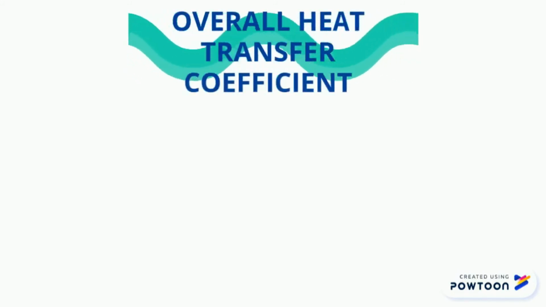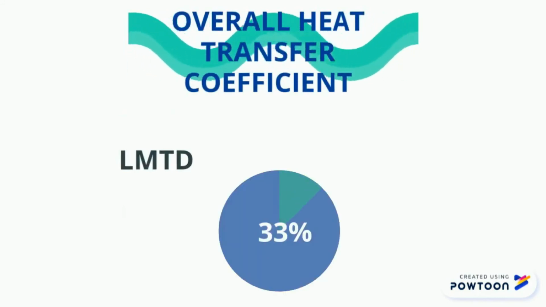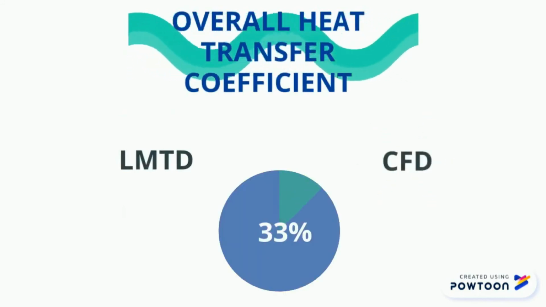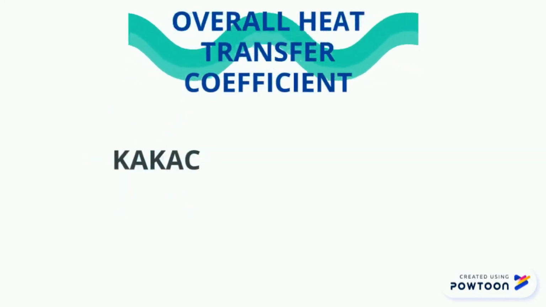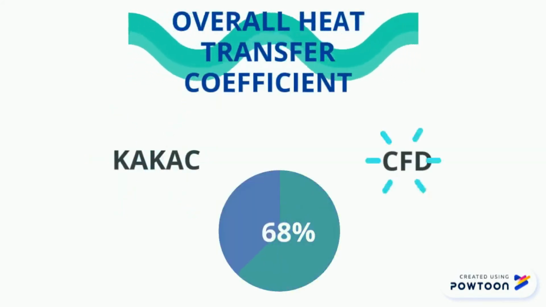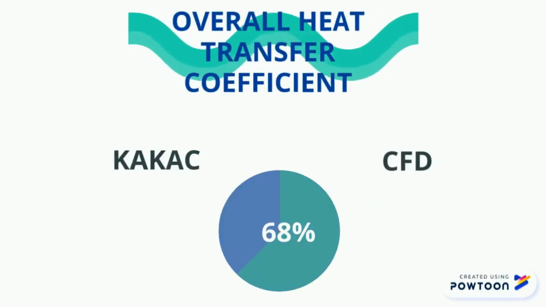Additionally, results expose that heat transfer coefficient values obtained with the LMTD method have a 33% difference from CFD values, while heat transfer coefficients obtained using the CACAC method reached almost 68% difference from CFD values.